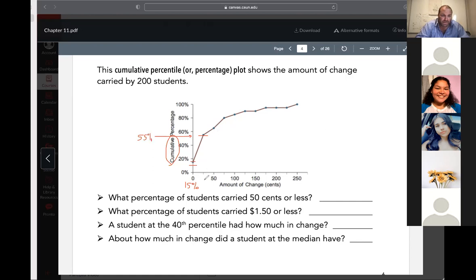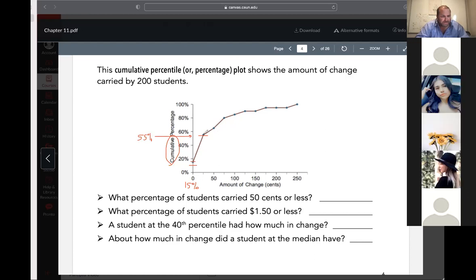So how many carry approximately exactly 25 cents? Up until 25 is 55%, right? So what percent carry exactly 25? Wouldn't it just be 55?